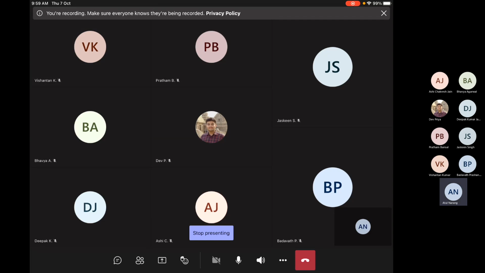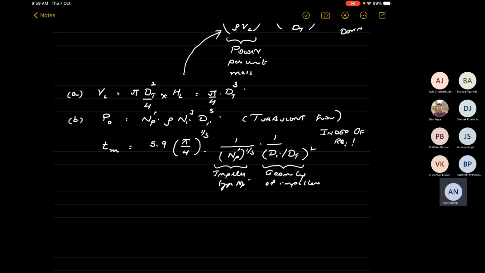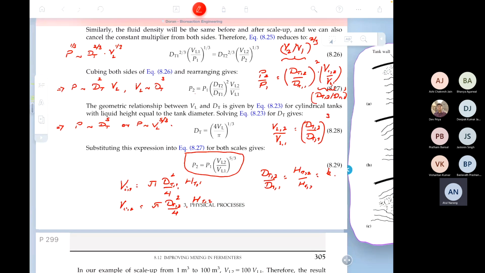So right here you can see that your power is going to increase approximately as the second power of the volume.